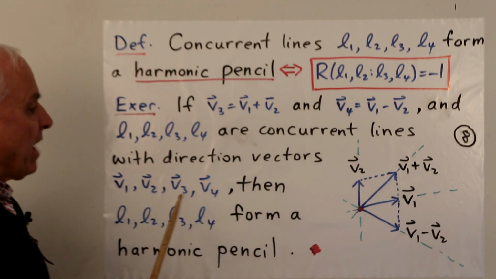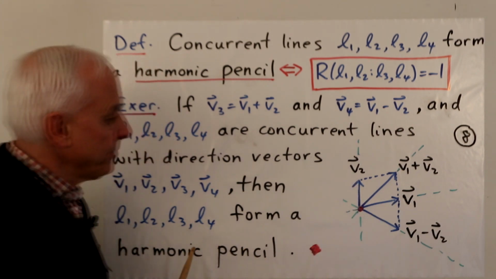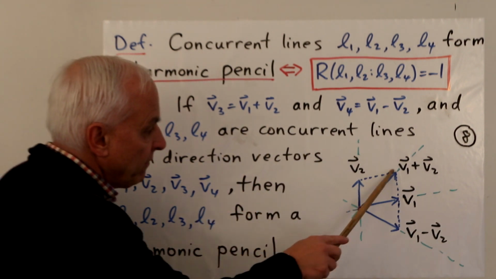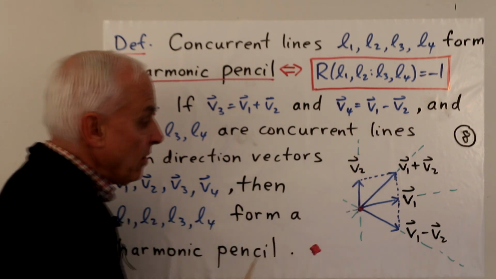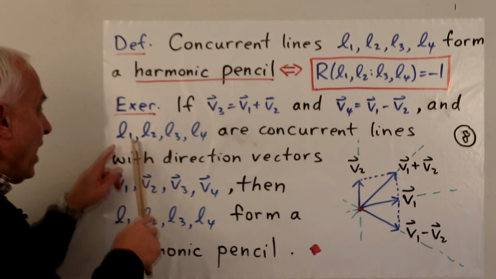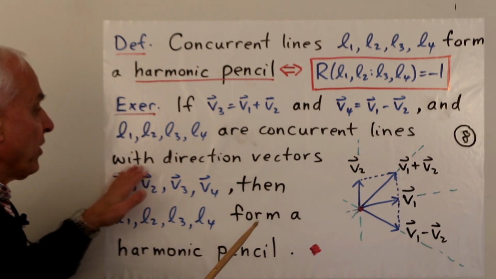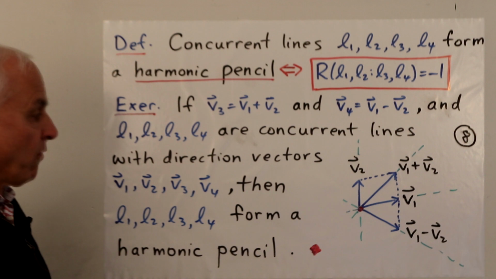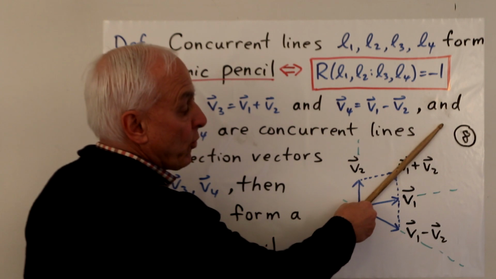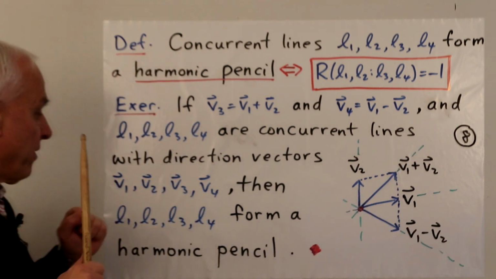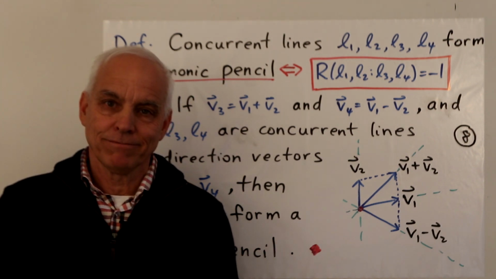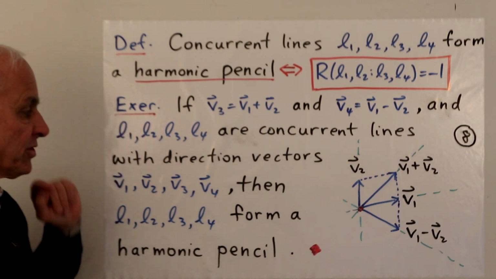If you have any two vectors, v1 and v2, and you form the sum, call it v3, v1 plus v2, and you form the difference, v1 minus v2, call it v4, and L1, L2, L3, L4 are concurrent lines with direction vectors v1, v2, v3, v4, so that might be the line L1, the line L2, the line L3, the line L4, then these 4 lines form a harmonic pencil. That's a nice calculation for you to make, so that's an exercise to check that.